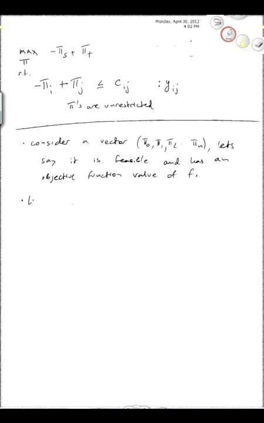Now, let's shift the entire vector by a constant. So in other words, what we're going to do is we're going to take this vector, and to each coordinate we're going to add the same constant.